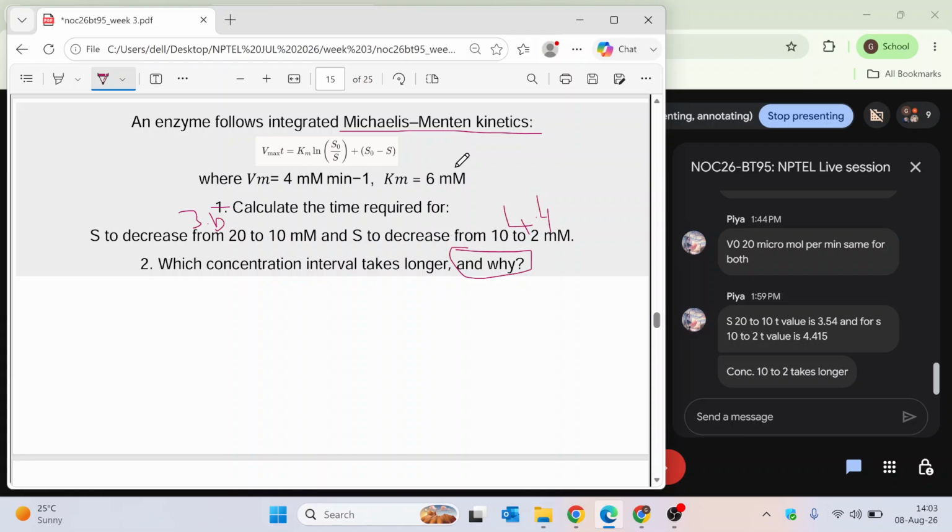If you take a closer look at the Michaelis-Menten kinetics, you will see this pattern. Let's say here you have your Vmax, this would be your Vmax by 2, and this would be your Km value.